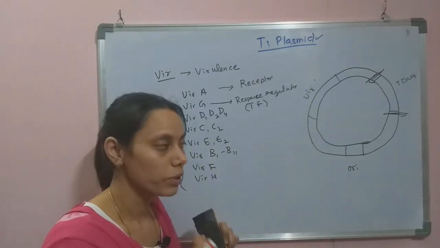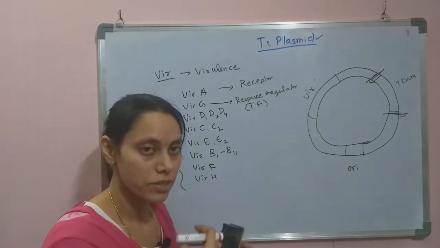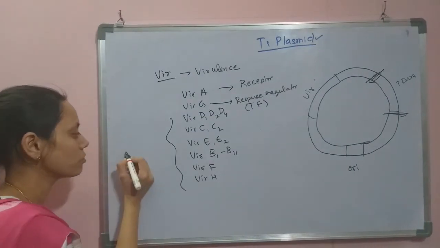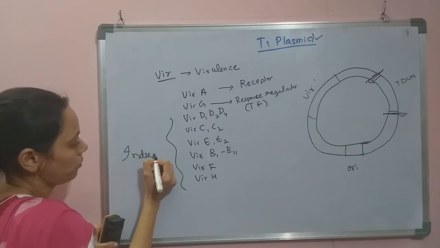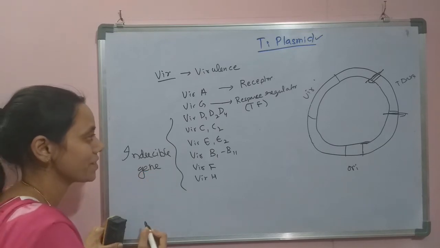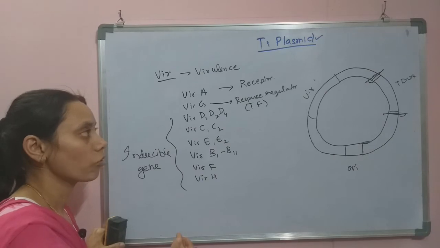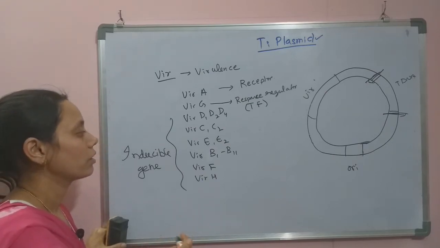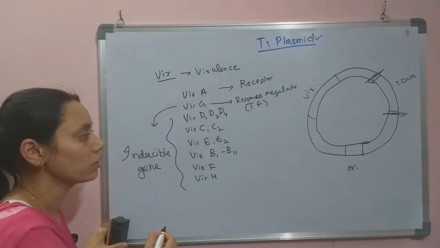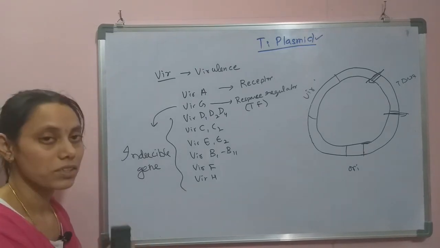They will be present at a minimal level at least throughout the life cycle of the bacteria. But the remaining genes are inducible genes. Inducible genes, that means they will be activated and produced only after the activation. That means the Vir G gene product, which is a transcriptional factor, will activate these inducible genes, the production of these remaining genes.